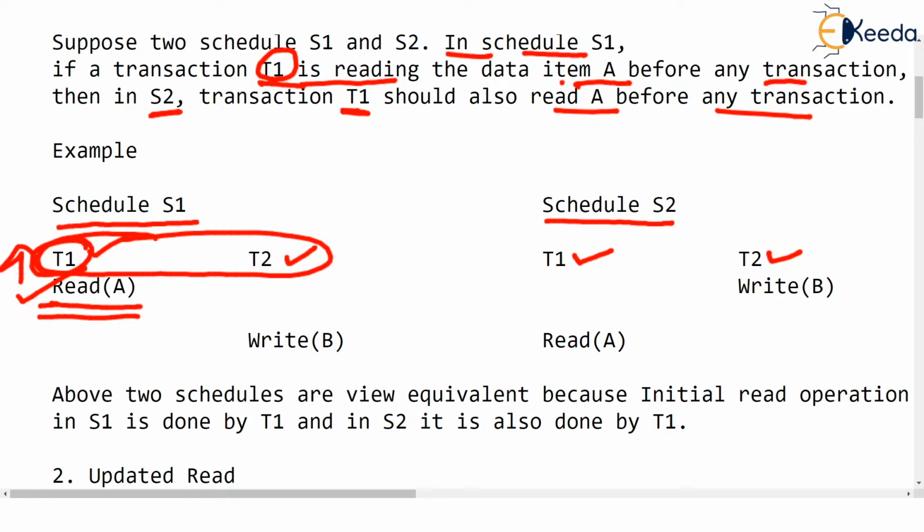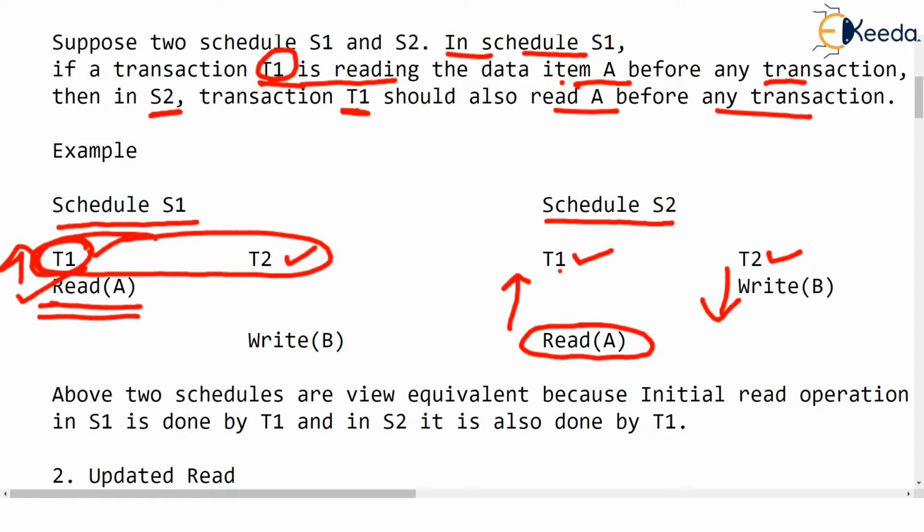Now let's see schedule S2, which has the same transactions T1 and T2. There is a read A operation in T1 again, but who is reading A first in this schedule? Again T1, because in T2 there is no read A operation. So if you see from the top, who is reading A? We call it the initial read.